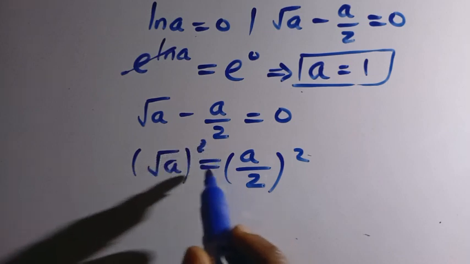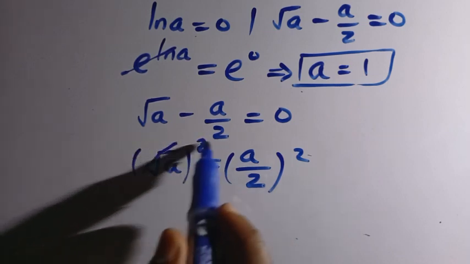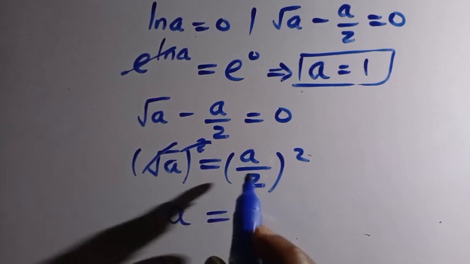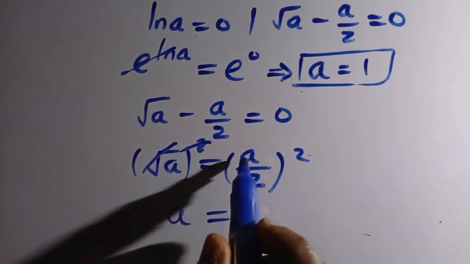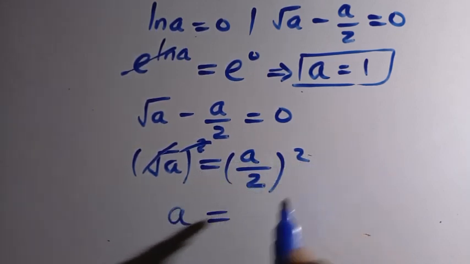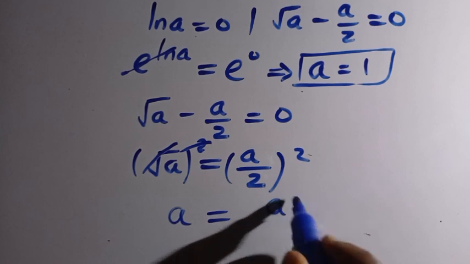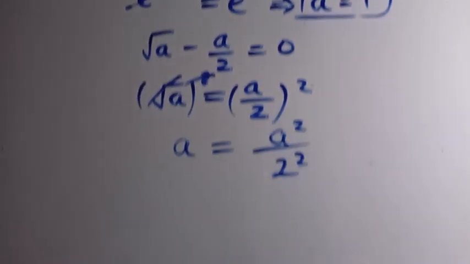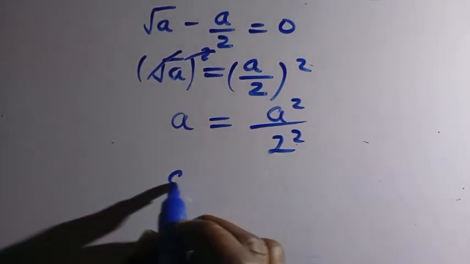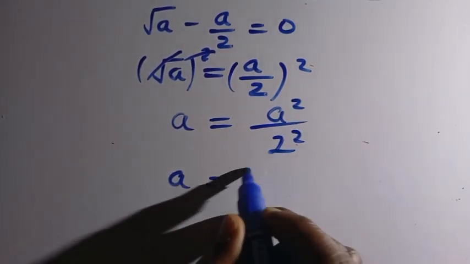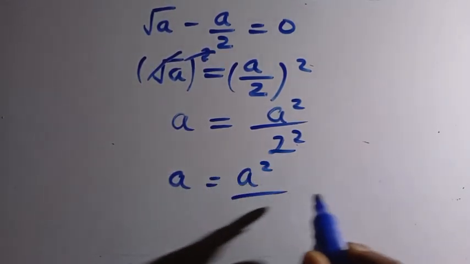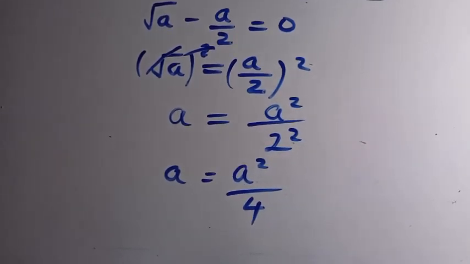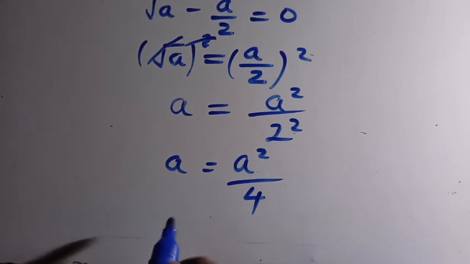By squaring both sides, the square and square root cancel. Then we have a equals, by rule of exponent, a will take square and 2 will also take square. So with this, we have a squared divided by 2 squared, that is 4. Then when we cross multiply, we multiply this with this.